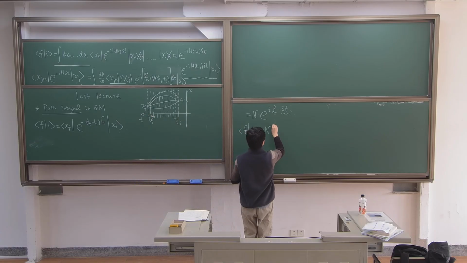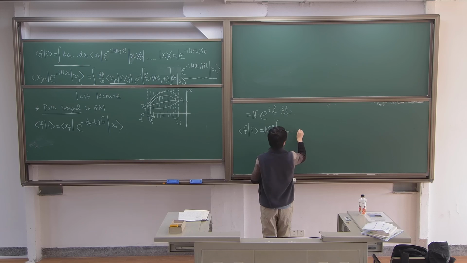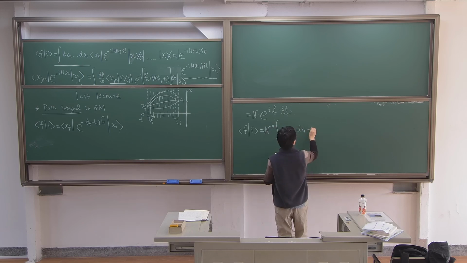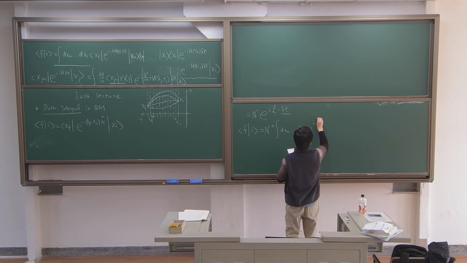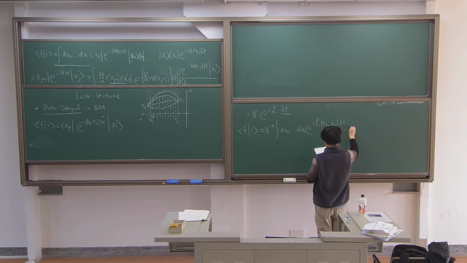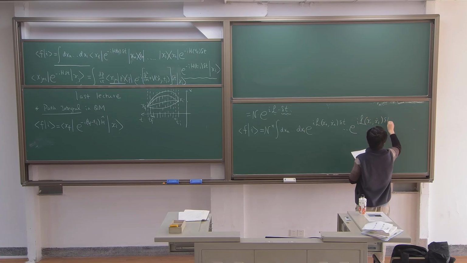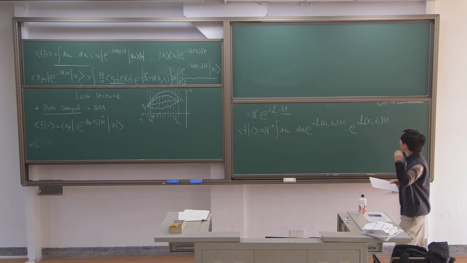If this is n pieces, then there are n prefactors.